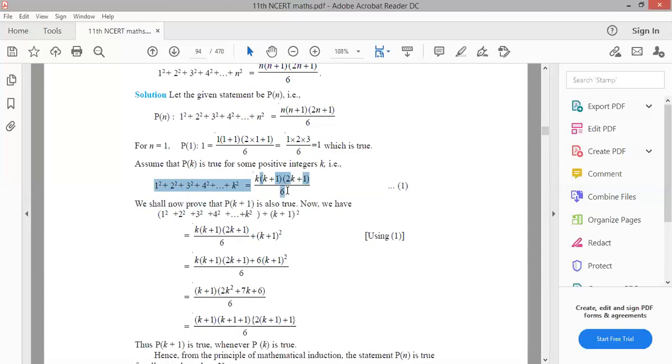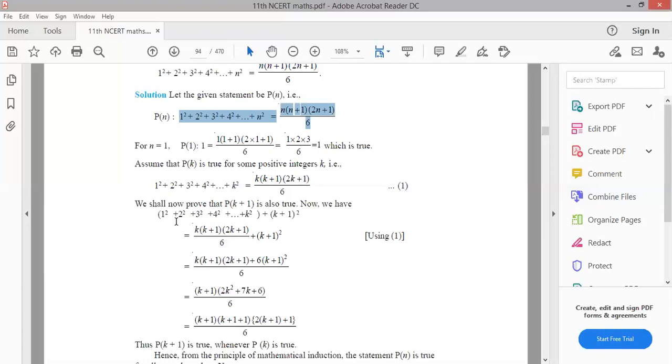So after that, in the same step, we prove the result for n equal to k plus 1 using this assumption. In the given statement, we proceed a step ahead. Instead of n equal to k, we go one step ahead, n equal to k plus 1.